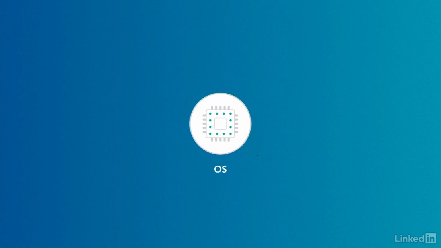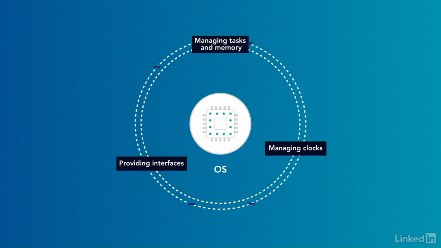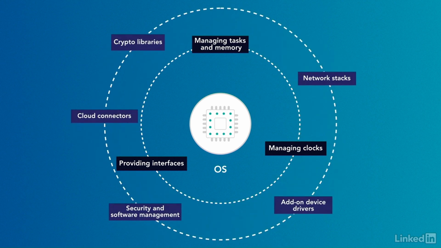More specifically, let's look at the benefits based on the generic system architecture of an OS. An operating system may have many forms, but things get clear if we keep in mind that it usually has a kernel that does the fundamental heavy duties for your software, such as managing tasks and memory, providing interfaces for hardware components, or managing clocks. Then around that, an OS may add some built-in features in the form of utility functions and software libraries.